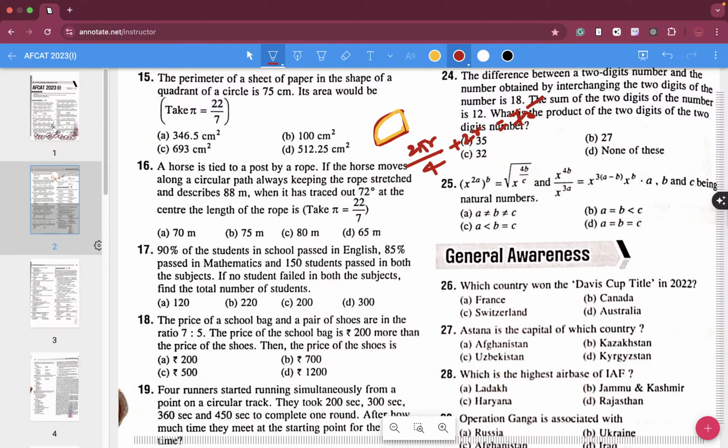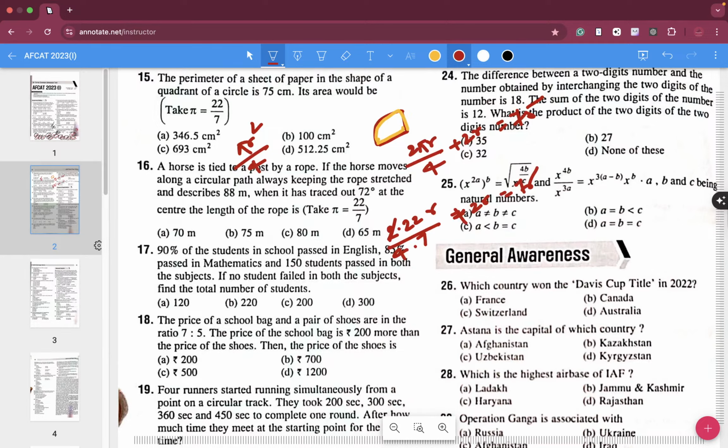2 times r is equal to 75, is what they have said. Then what is the area? We have to find out pi r square by 4. So how can we solve that? 2 into 22 by 7 into 4 over here, now into r, plus 2r is equal to 75.